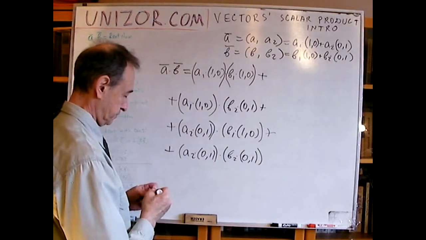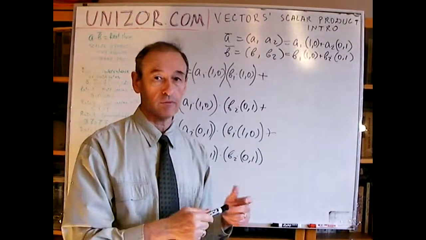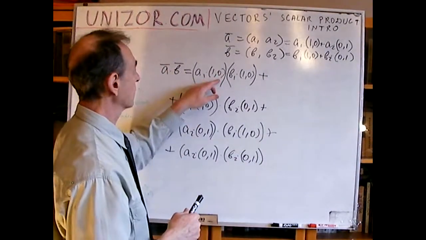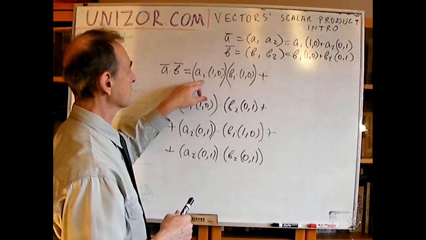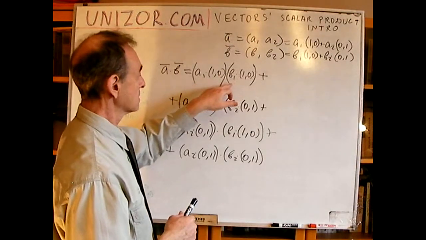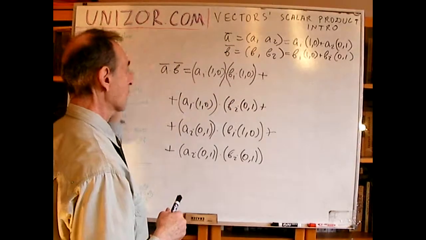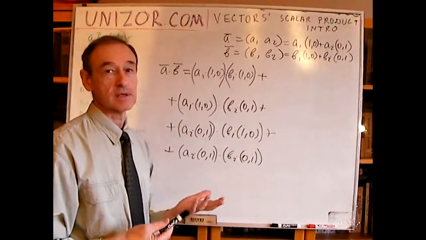Now, using one of the rules which I have already specified, multiplication of one of the vectors by a constant is the same as multiplying the vector by itself to the second component, and then the result will be a constant. And then I will repeat exactly the same thing the second time.